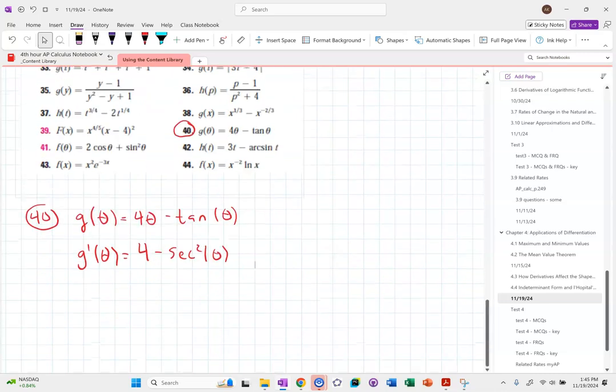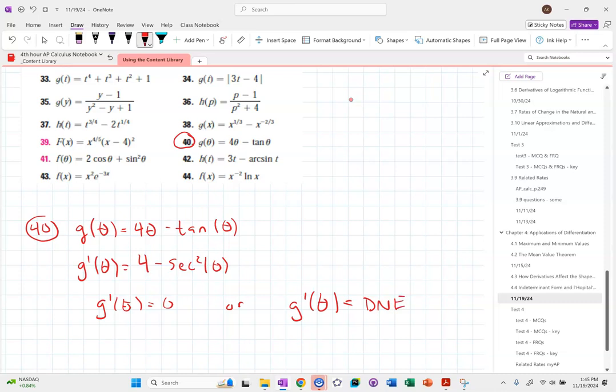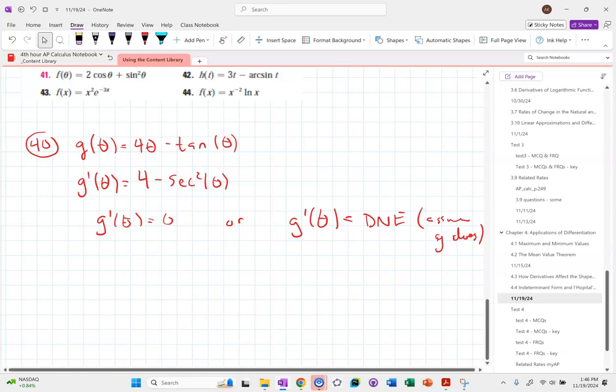We care about where the derivative is equal to 0, or where the derivative does not exist, assuming g does exist, right? So let's do the equal to 0 case first.